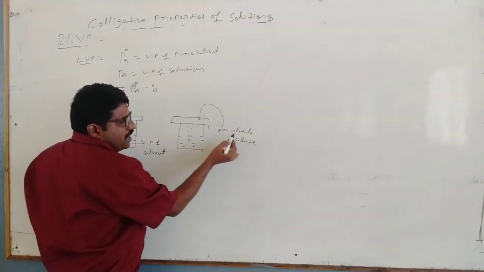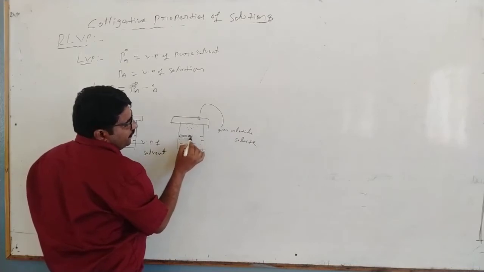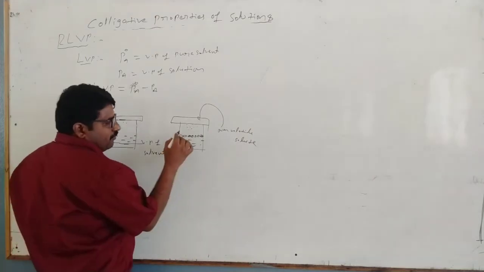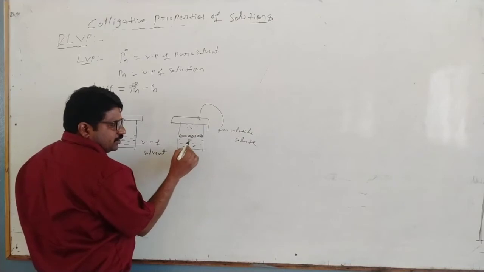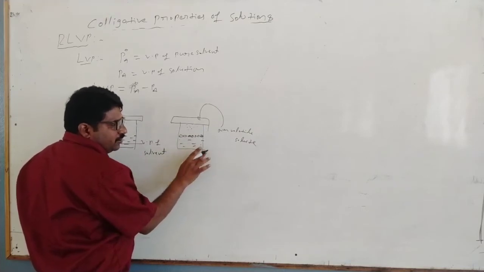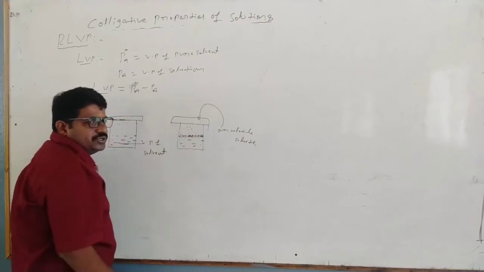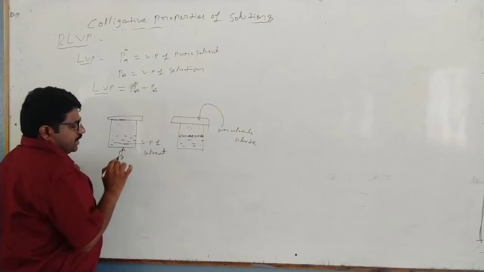If you add a non-volatile solute, the solute occupies the surface of the solvent. Then evaporation is less. When the non-volatile solute is added, it is converted into a solution.